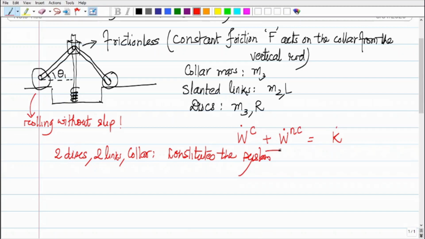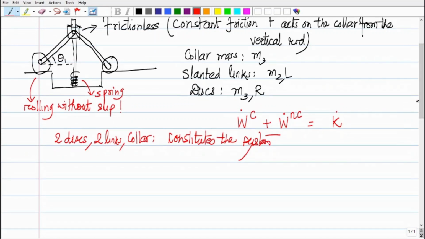Then this spring is then external to the system. Okay? And now let's think of applying this work energy principle. So you see the internal forces. So you have a system and internal forces of a system does no work, isn't it?